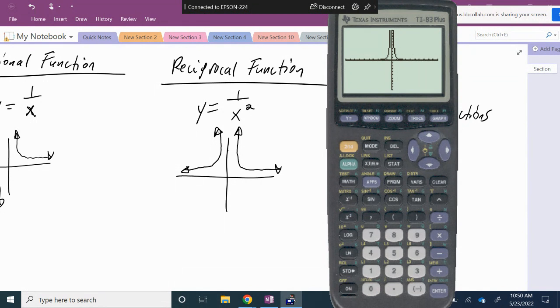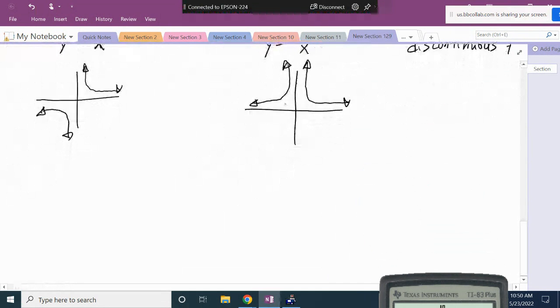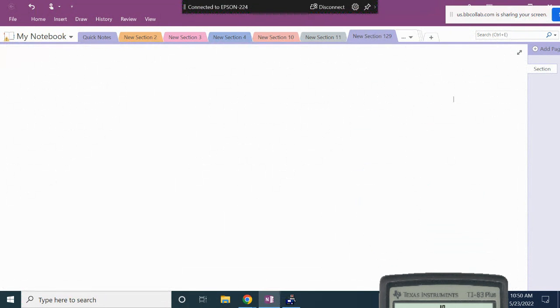The next thing we're going to look at are the transformations of graphs. So what do I mean by transformations of graphs?